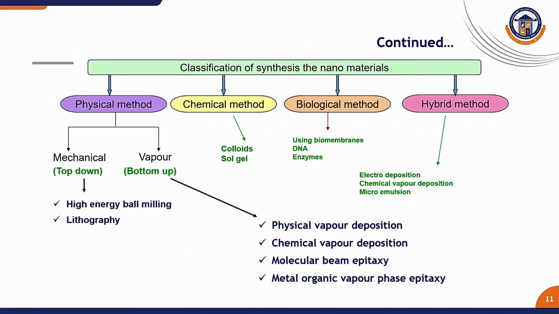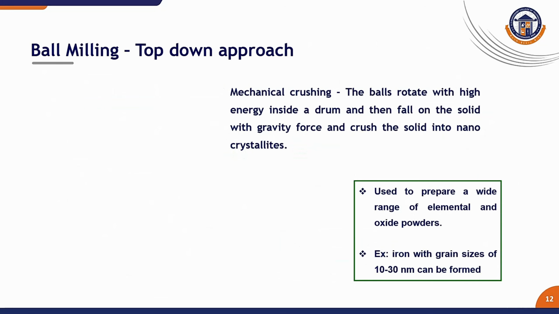Fabrication classification. Physical methods include high energy ball milling and vapor deposition techniques, and chemical methods include sol gel and electrodeposition. Biological methods use DNA and enzymes to produce nanomaterials. As an example, the ball milling approach is a classic top down approach.